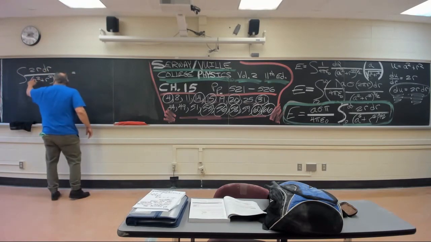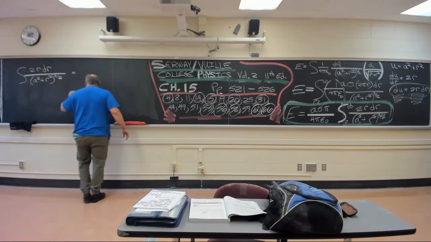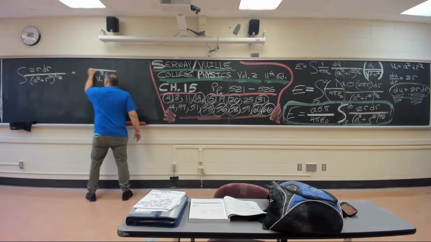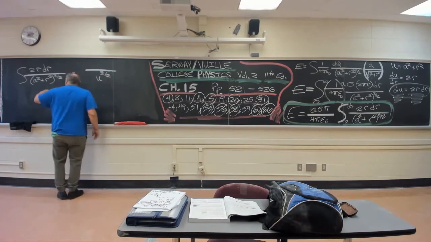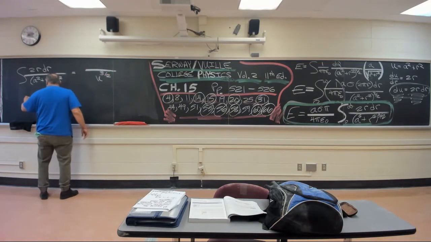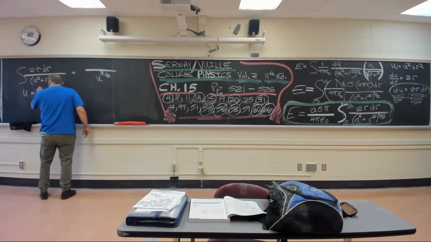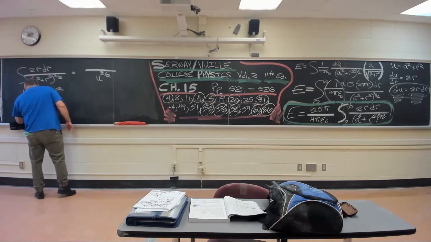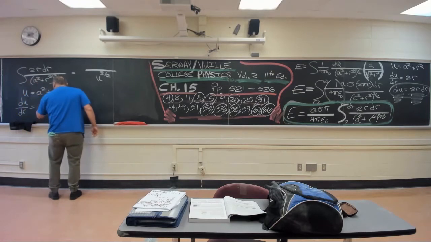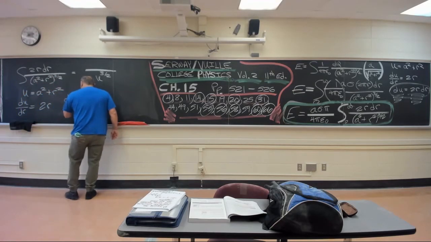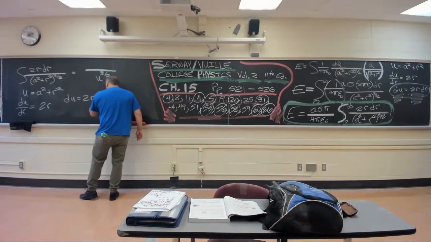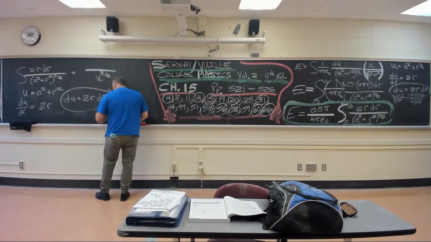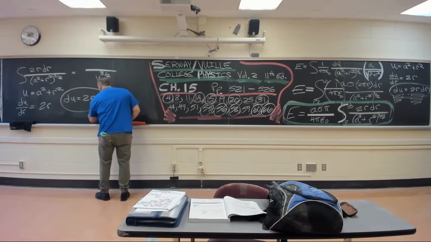We already said the quantity a squared plus r squared is u. If u is a squared plus r squared, du/dr is 2r, so du is 2r dr. Yeah, that's what we said.